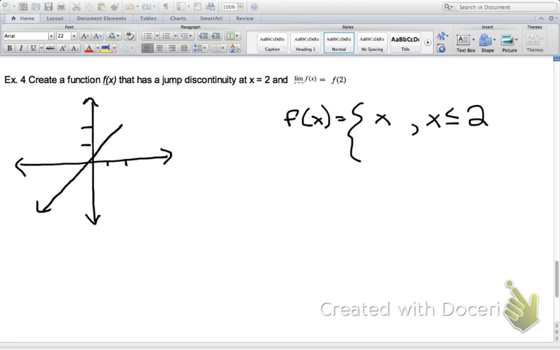And then I'm going to have another linear function. So I'm going to say my f at x is equal to 3 for x greater than 2. So you'll notice here that we have a jump discontinuity where the limit of f at x as x approaches negative 1 is equal to f at 2.